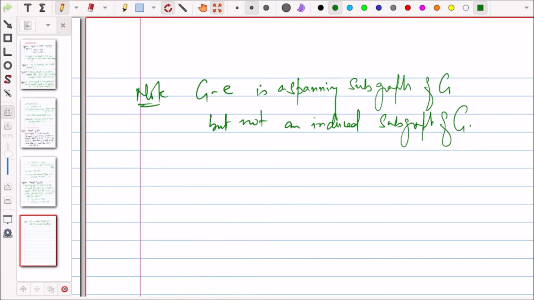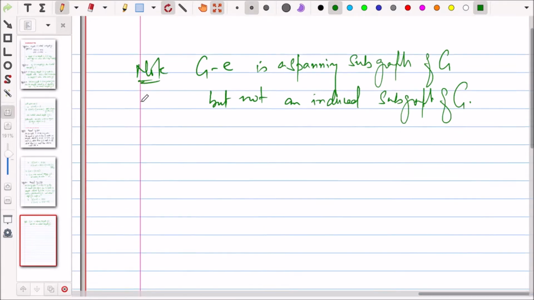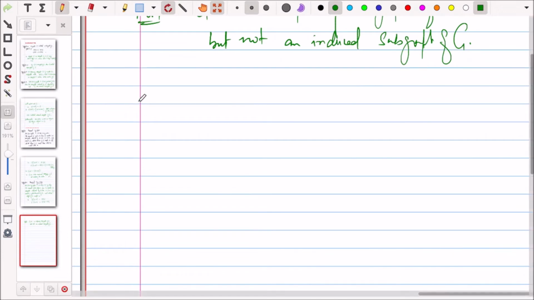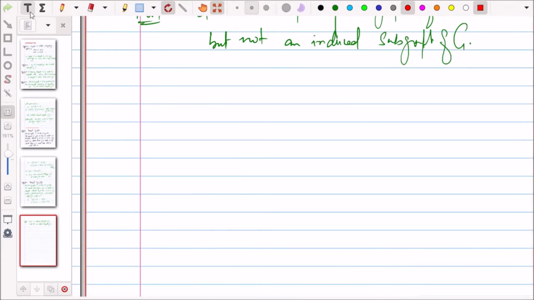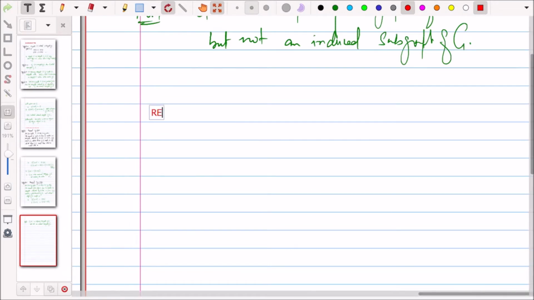Okay, now removal of a set. So अब हमने वर्टेक्स डिफाइन कर लिया, एज डिफाइन कर लिया. Now we want to define removal of a set of vertices और सेट ऑफ एजेस. क्या होगी उसकी डेफिनेशन?